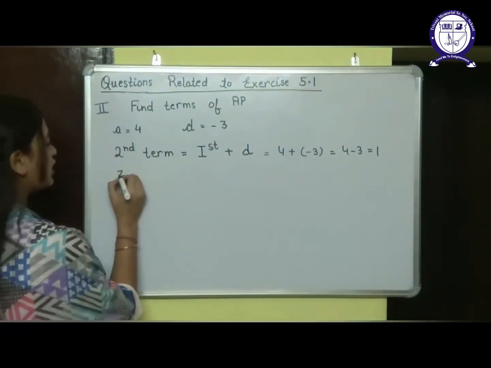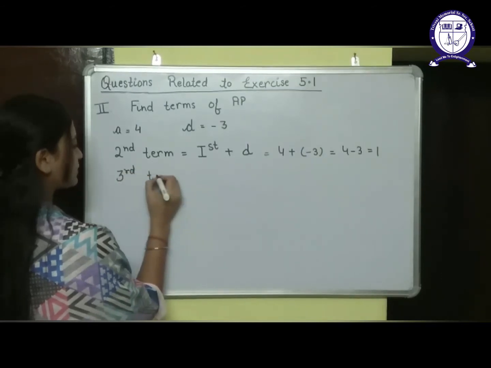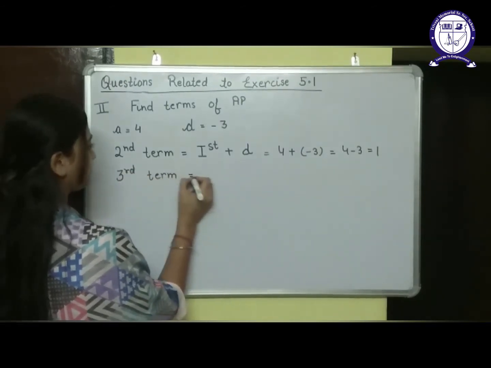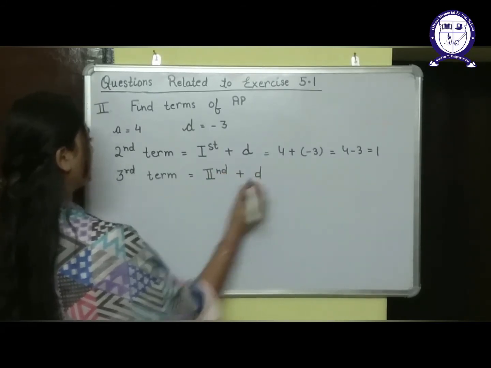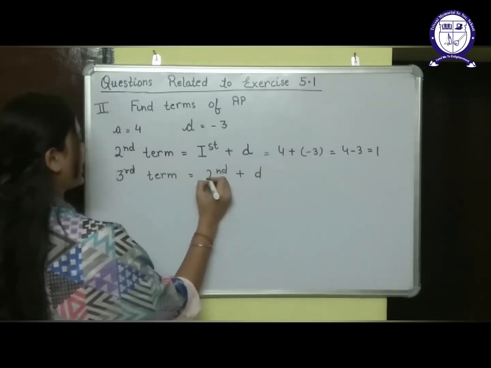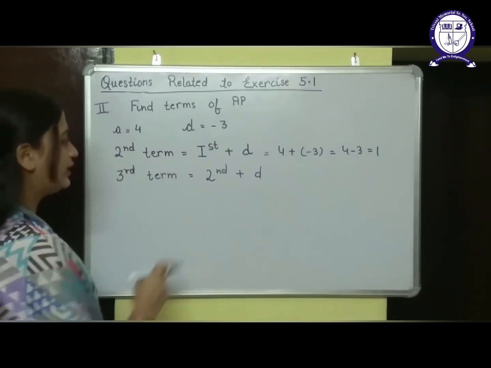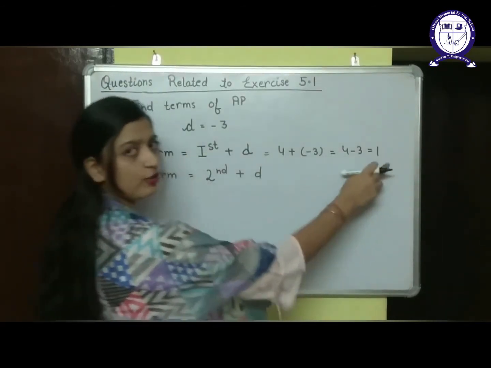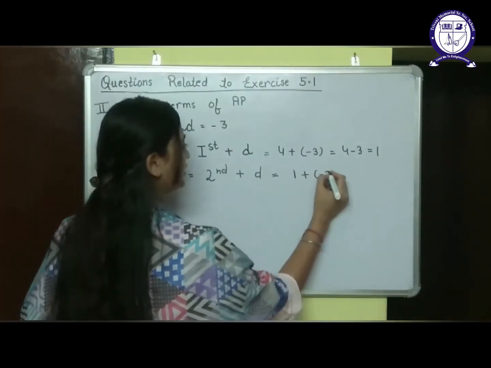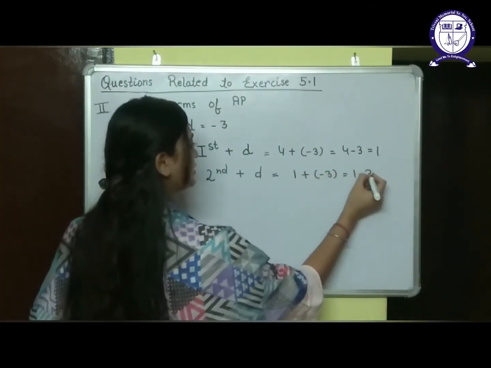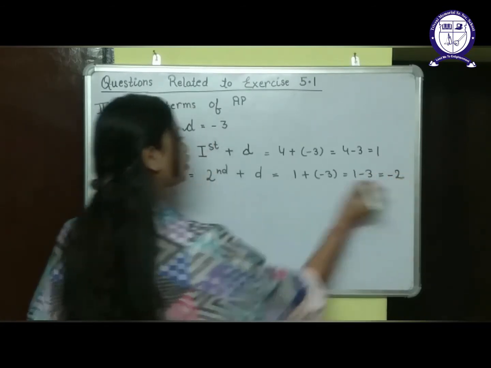Now third term will be second term plus D. Now second term was my 1 which I obtained. So 1 plus minus 3. 1 minus 3, that is minus 2.